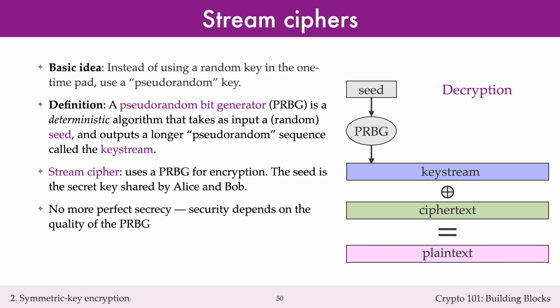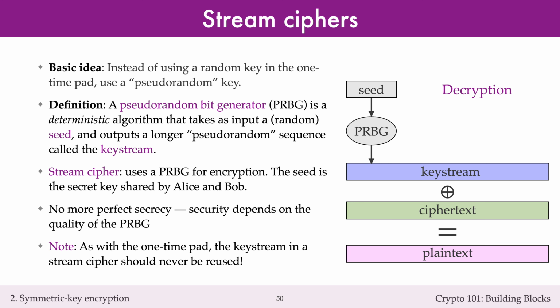Note that unlike the one-time pad, a stream cipher does not have perfect secrecy. This is because the keystream is no longer purely random, but pseudorandom. And hence, security of a stream cipher depends on the quality of the pseudorandom bit generator.